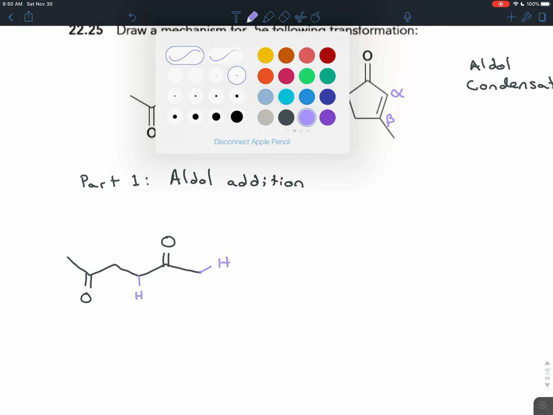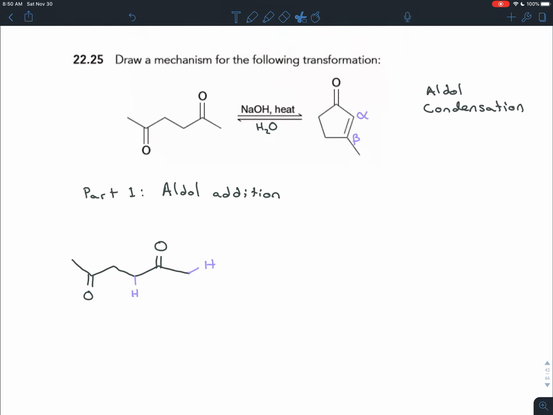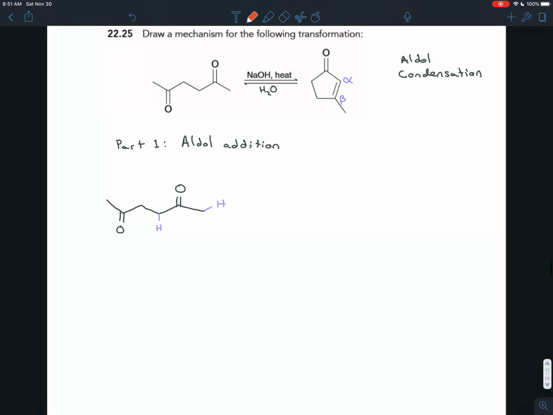Now if the hydrogen gets ripped off on the left, let me draw that in so you could see that. Let's say the sodium hydroxide swoops in and steals the hydrogen on the left.